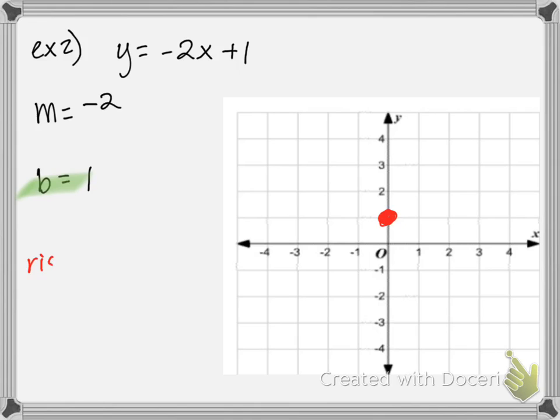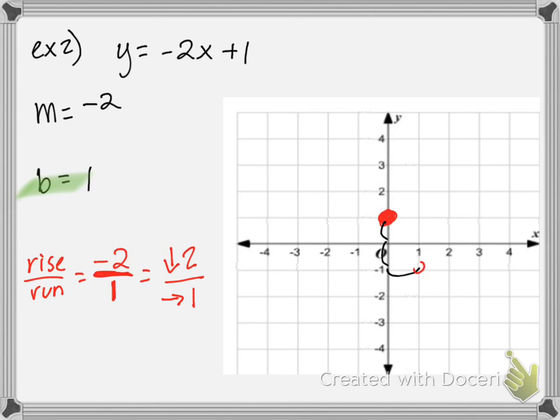So remember, we have rise over run. We only have a number, so we're going to put it over 1. We have negative 2, and we're going to put it over 1. You always do that whenever you just have a whole number. Okay, so that means this negative 2 is negative. So I'm going to go down 2 and to the right 1 because that 1 is a positive still. Okay, so I'm going to go down 2, 1, 2, and over 1.